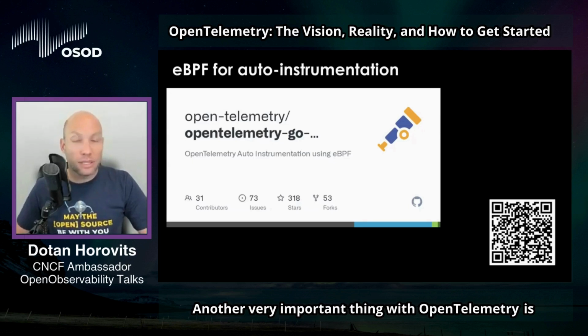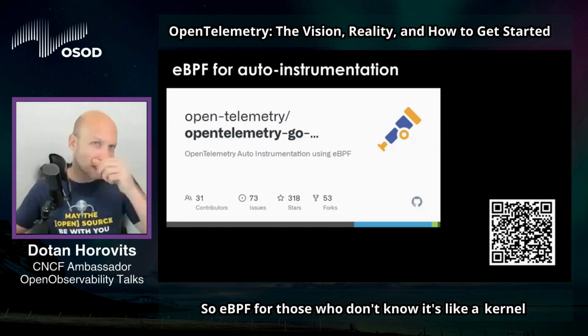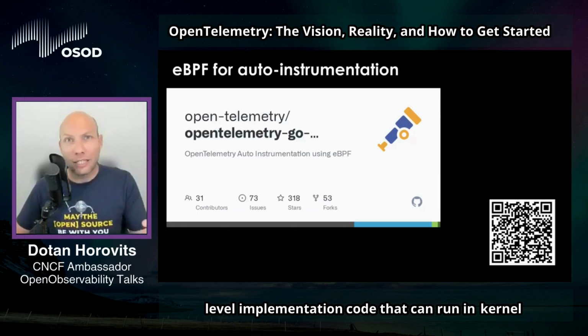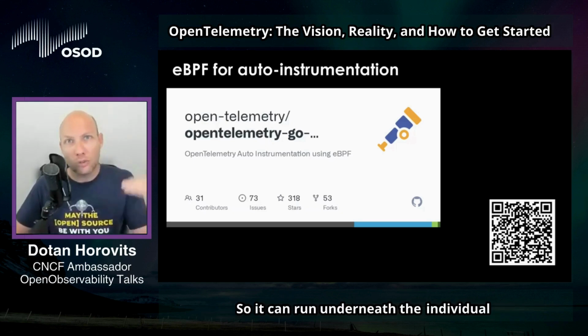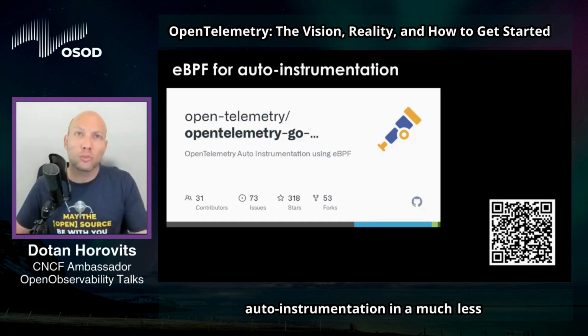Another very important thing with OpenTelemetry is eBPF auto instrumentation. eBPF, for those who don't know, is a kernel level implementation: code that can run at the kernel level, so it can run underneath the individual programming languages, which enables you to do auto instrumentation in a much less language dependent manner.